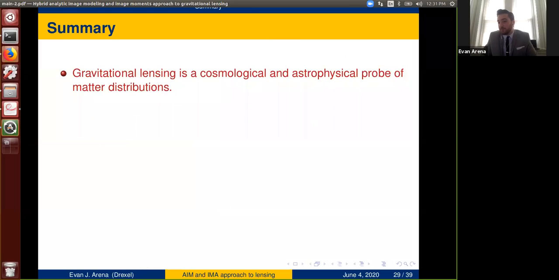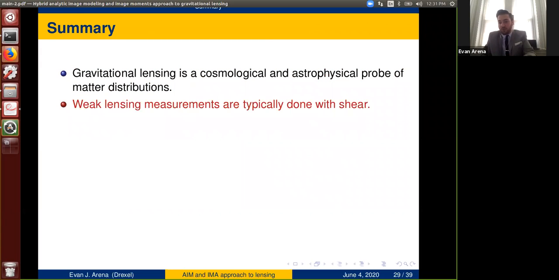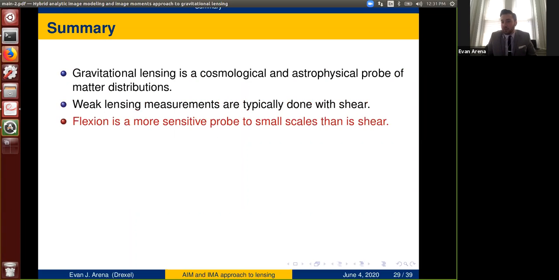So to summarize, gravitational lensing is a cosmological and astrophysical probe of matter distributions. Weak lensing measurements are typically done with shear. However, flexion, which is a more sensitive probe to small scales, and shear allows us to extract information from lensing surveys that are traditionally left behind.